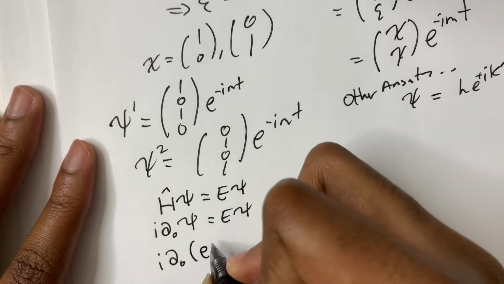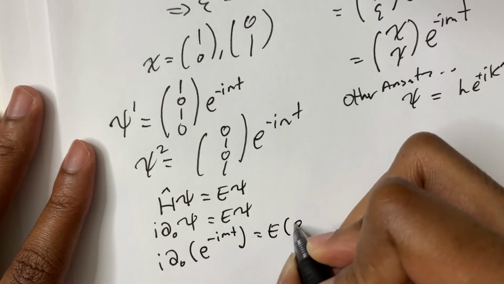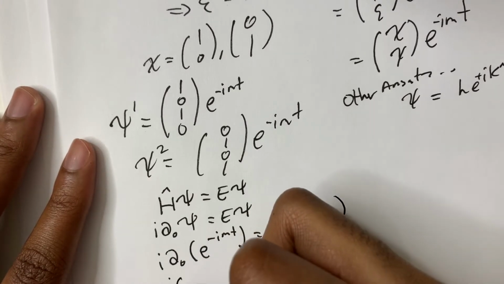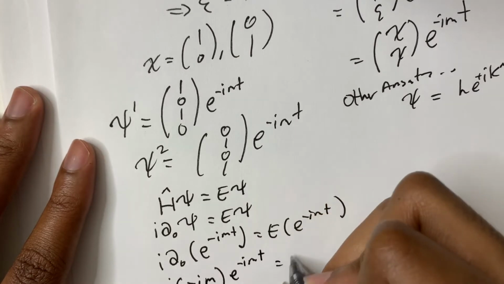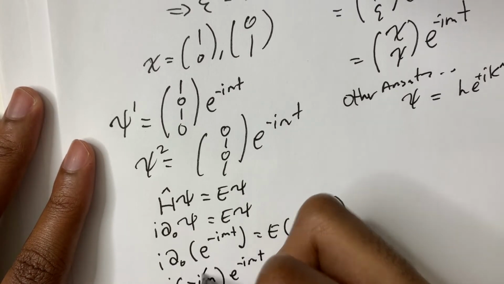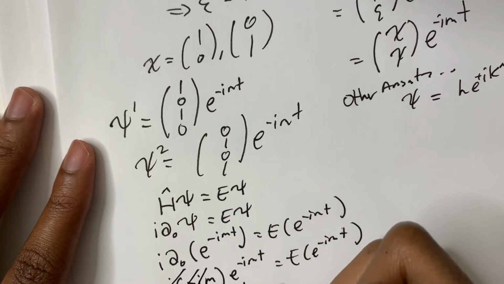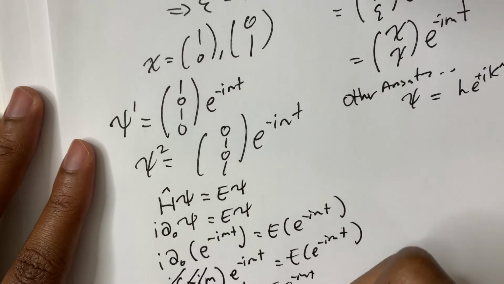We just plug in e^(-imt): this derivative is just -i·(-im)... giving m e^(-imt) = E e^(-imt). This cancels out, so E equals m.